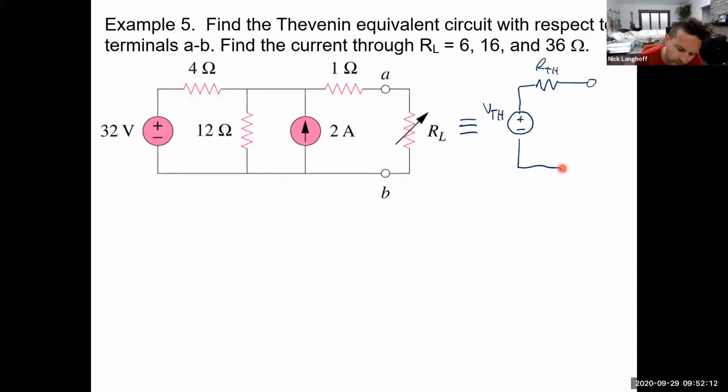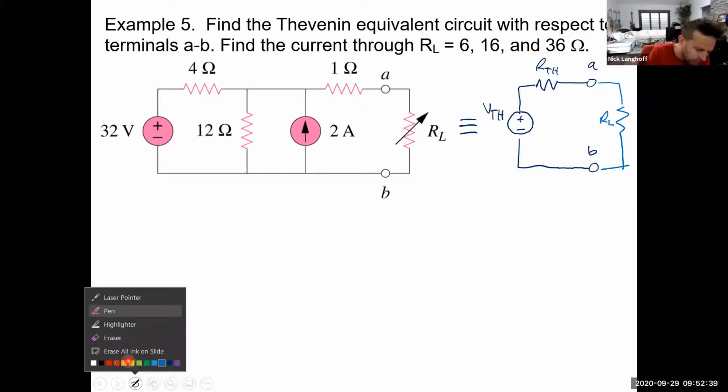And we're Thevenizing about the points A, B. That's really all we want to find. Just for completion's sake, this would still be connected to a load, RL. But we're Thevenizing just the part shown in darker blue. We want to find V Thevenin and R Thevenin.